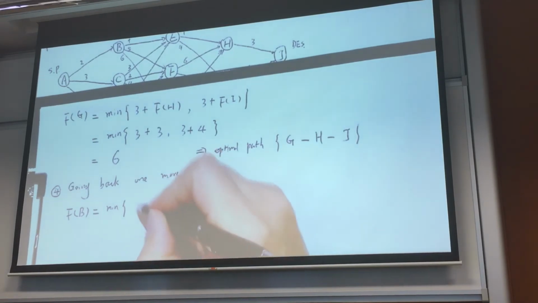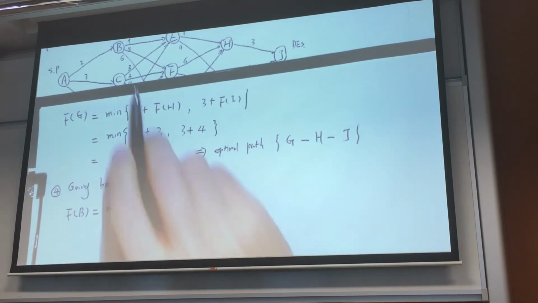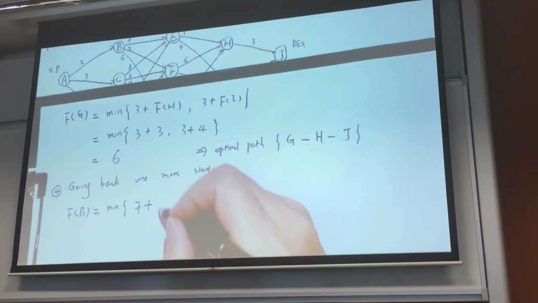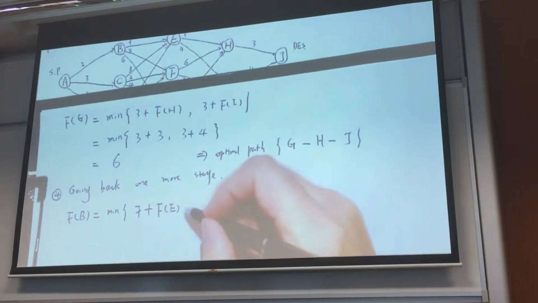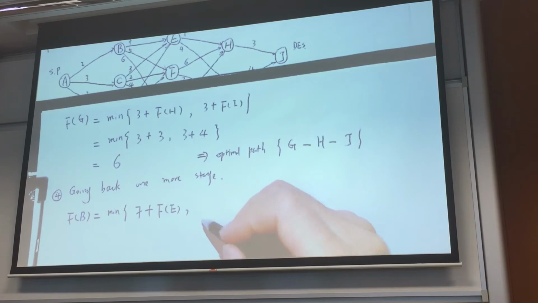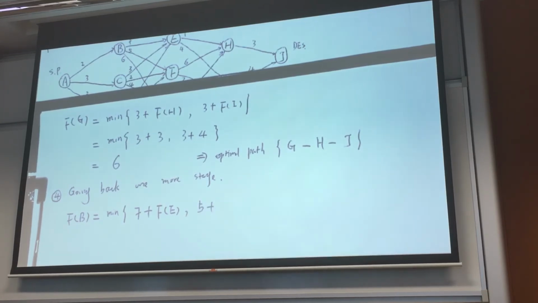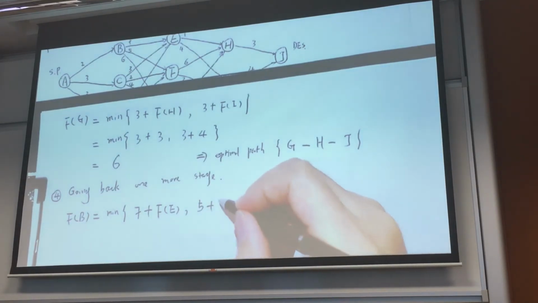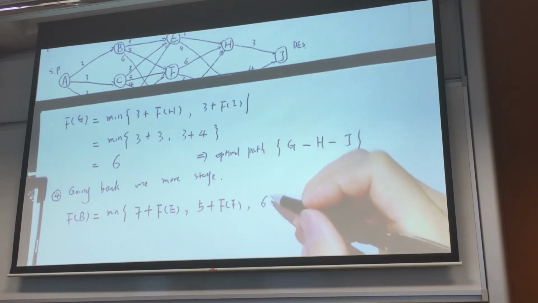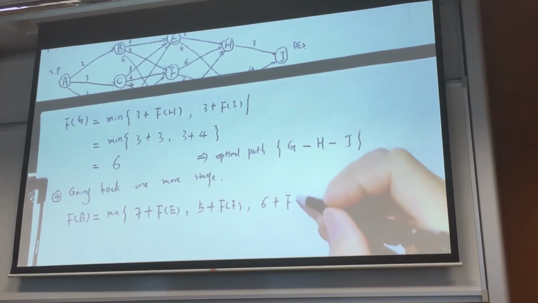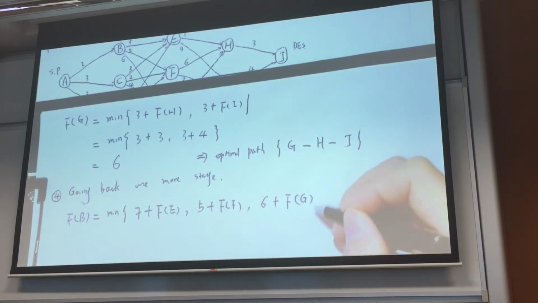So the first line is 7 to E, 7 plus FE, then with 5 to F, and 6 to G.